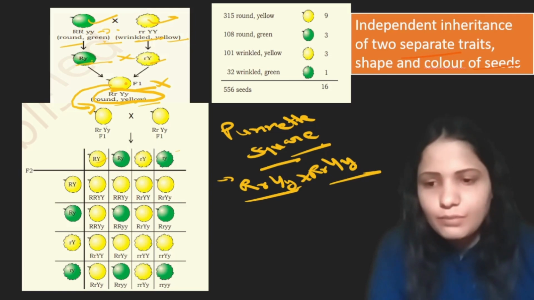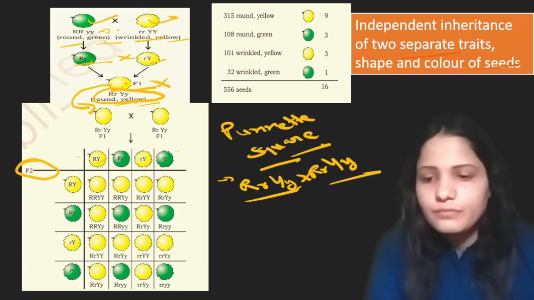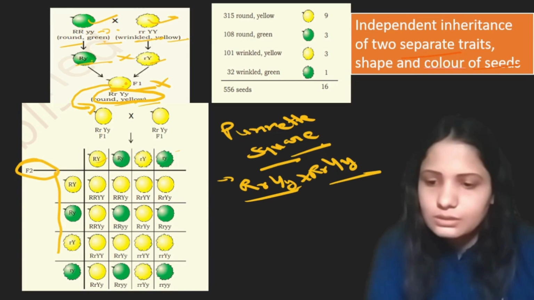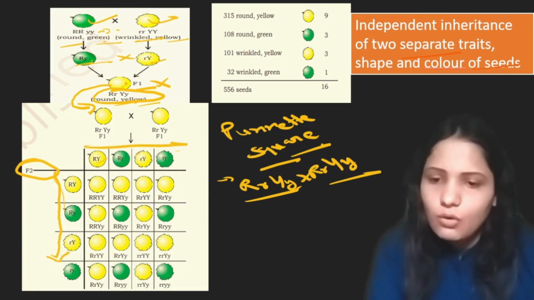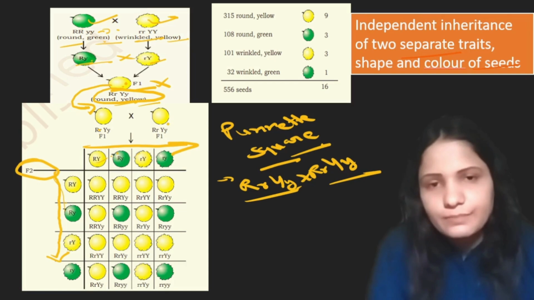Now on self pollination of this F1 progeny, what will we get? We will get the F2 generation, and for the F2 generation we have one vertical line and one horizontal line, okay. And along these lines we have written the gametes formed by these parents.